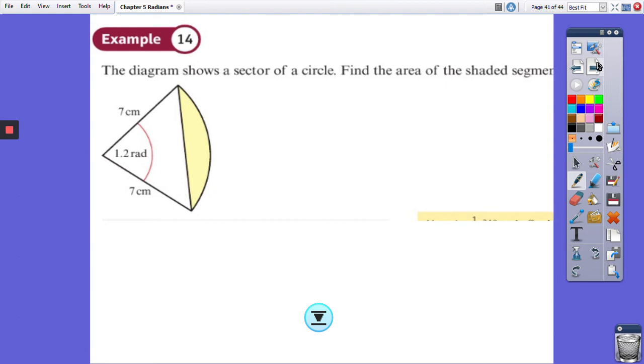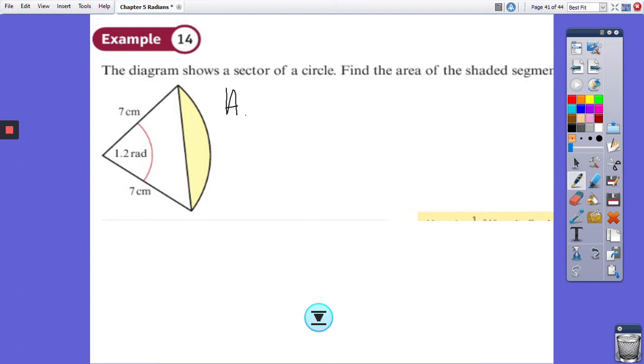So we're just going to do each problem using our previous knowledge of areas of sectors, areas of triangles, and combining those together. If we're going to work out the area of a segment, what we're going to do, first of all, is work out the whole area of the sector.